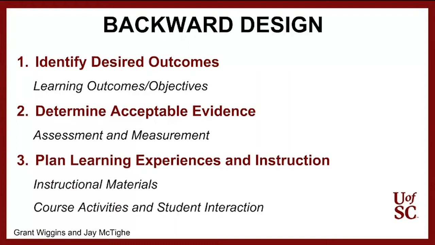Identify what type of assessments and measures would serve as evidence of when and how students can perform the desired outcome. Then plan learning experiences and instruction. Develop your instructional materials, your exercises, and your assignments around those desired outcomes and the desired evidence.